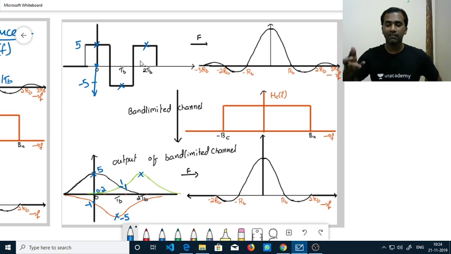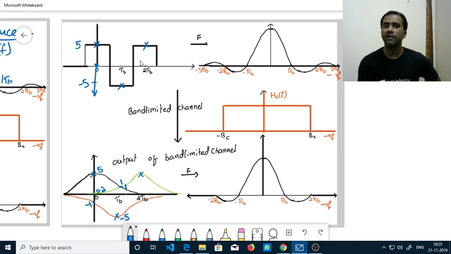But now when you add noise, there is more chance of errors, because when it is -5, you have a certain probability of error. But when you are guaranteed to receive -3 because of ISI, there will definitely be more chance of errors. In the previous case, the noise can be up to 5 volts. If the noise is more than 5 volts, then only we have a problem. Correct?